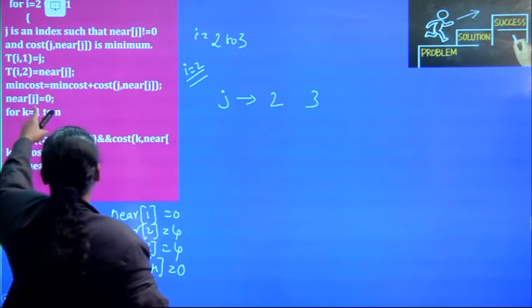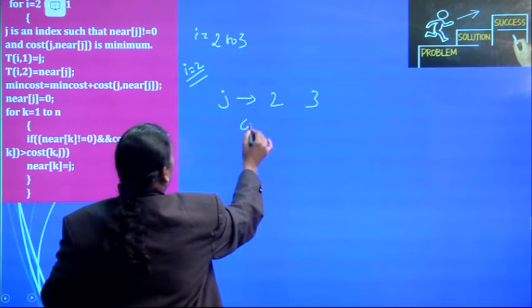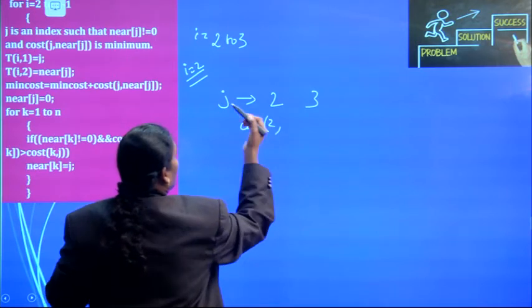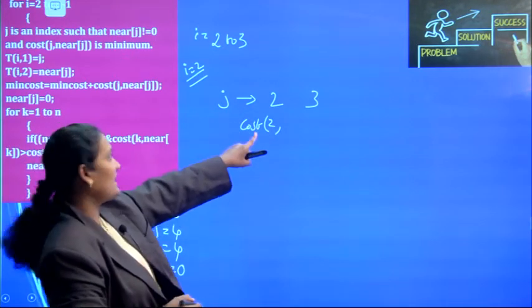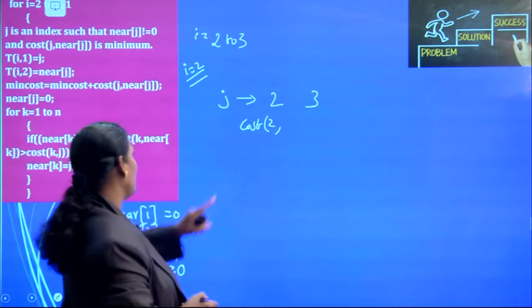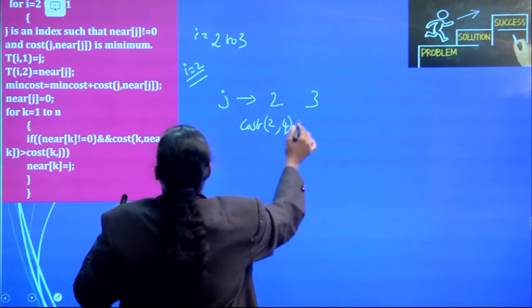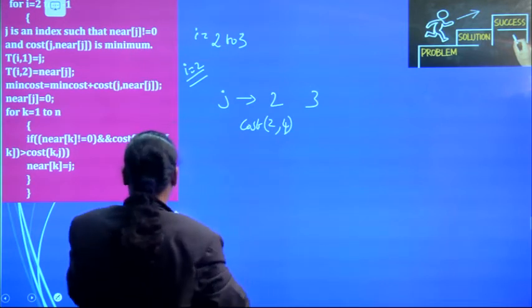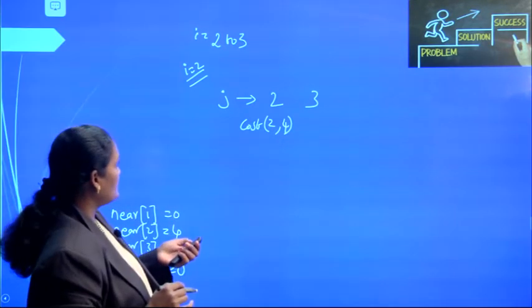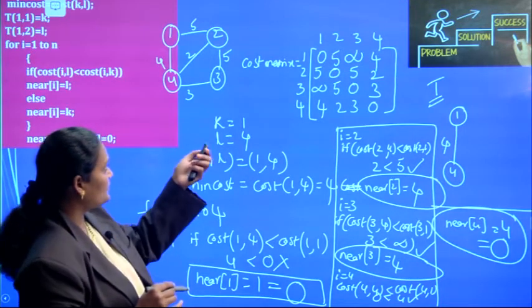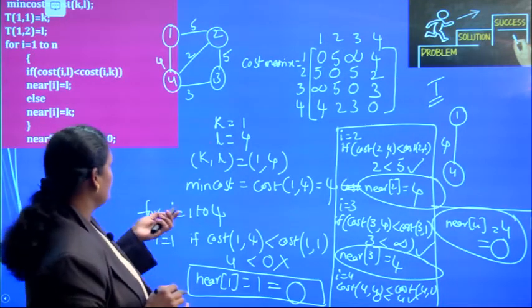Now let us see how to find that cost value. Cost of j comma near j. Suppose we take j as 2, cost of 2 comma near 2. What is near 2? 4. Cost of 2, 4 is 2.